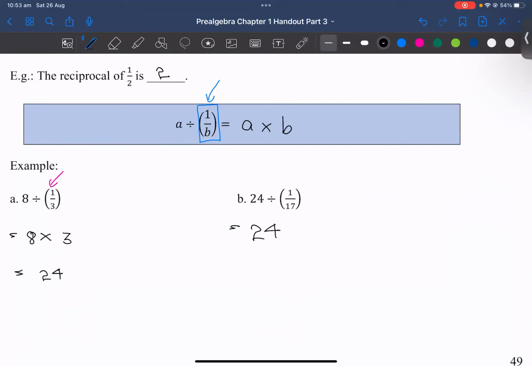So 24 divided by 1/17 becomes just 24 times 17. If you do long multiplication, what does that become? Right, Ryan, did you do this? How'd you go with it? What was the answer to this one?